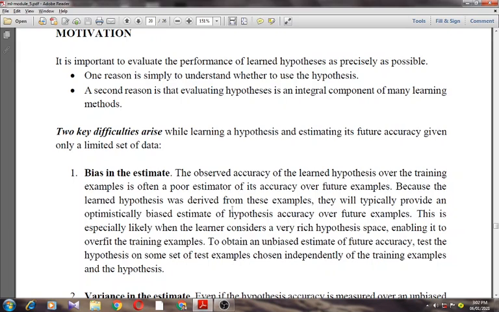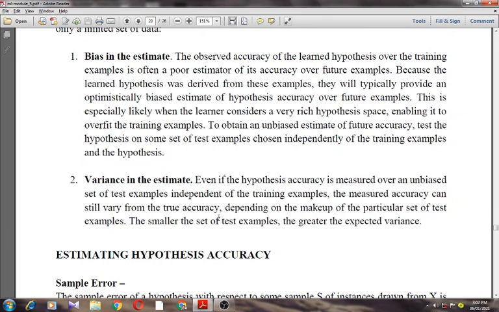And the second key difficulty is variance in the estimate. Here, even if the hypothesis accuracy is measured over an unbiased set of test examples independent of the training examples, the measured accuracy can still vary from the true accuracy depending on the makeup of the particular set of test examples. Here, the smaller the set of test examples, the greater is the expected variance.